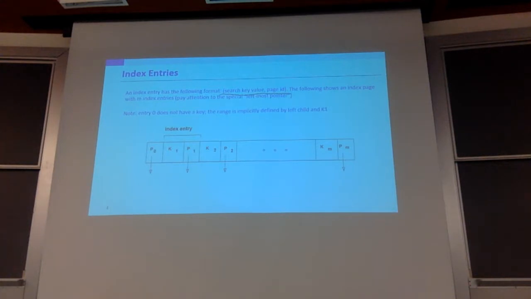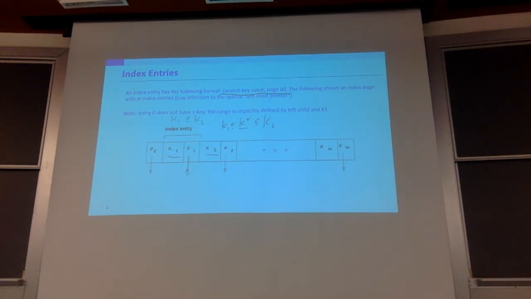For example, suppose this is K1 and this is K2. Of course, K1 is going to be smaller than or equal to K2, right? So if you are searching for some key K star, such that K1 is smaller than or equal to K star, and it's smaller than K2, then you know this key is probably under this pointer. Then you can just follow this pointer to another page to do a search, right? I'll talk about a little bit of a caveat here a little bit later.